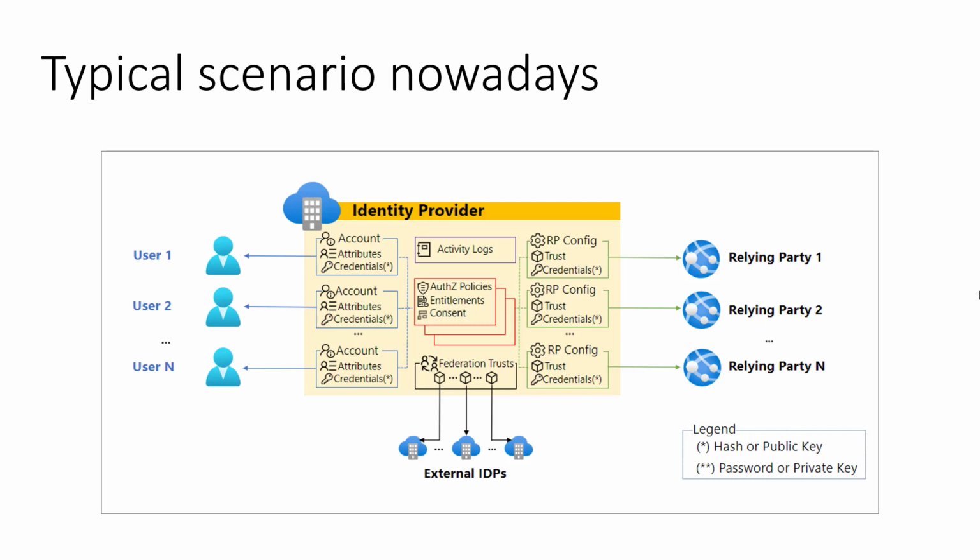Identity provider is the centralized identity management system where users can create accounts, the identity of the user is stored, and tokens can be issued. In this case, identity provider can be Azure Active Directory, Azure Active Directory B2C, it can be Auth0, Okta, anything else.